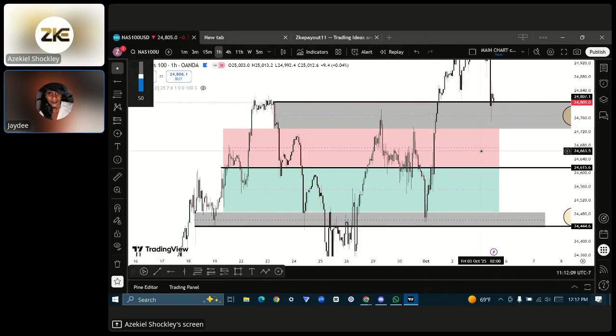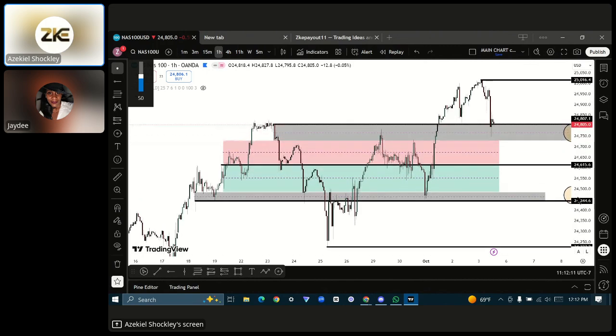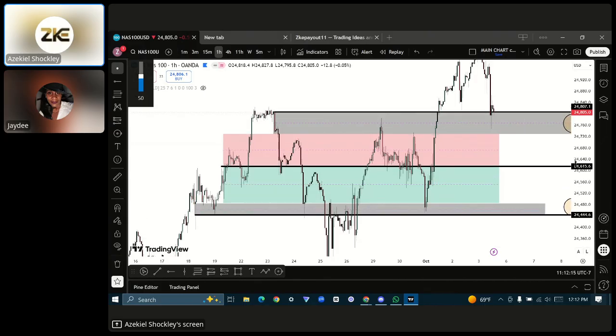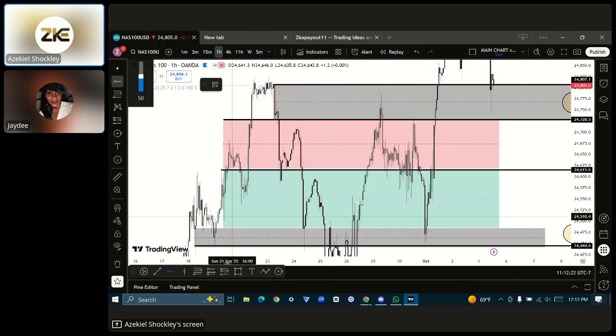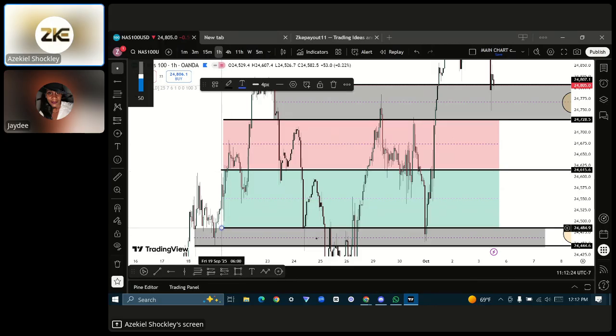From a micro perspective, you see how it's the same thing. This range overbought, this range oversold. Inside of it, the top of this range is overbought, and the bottom of this range is oversold.